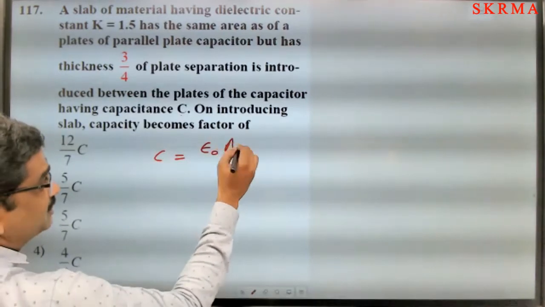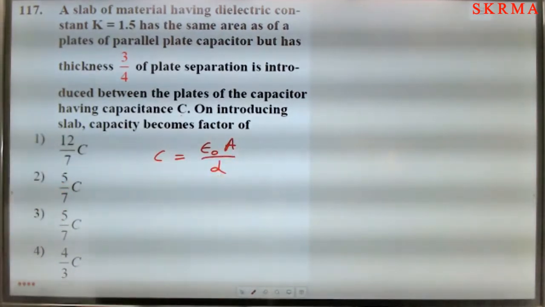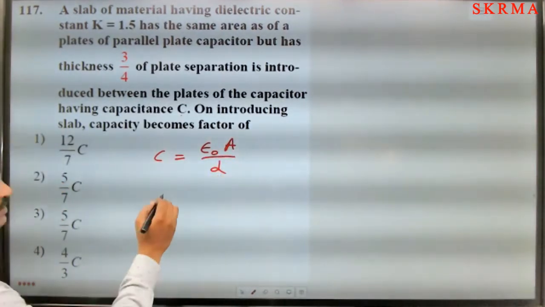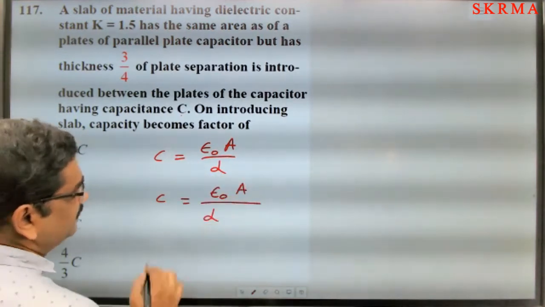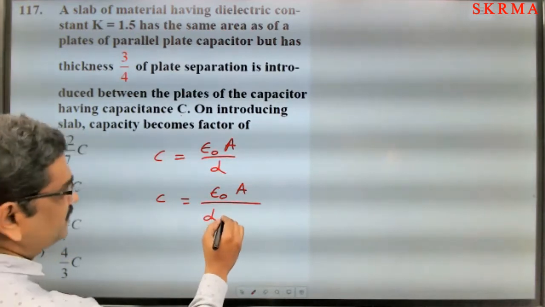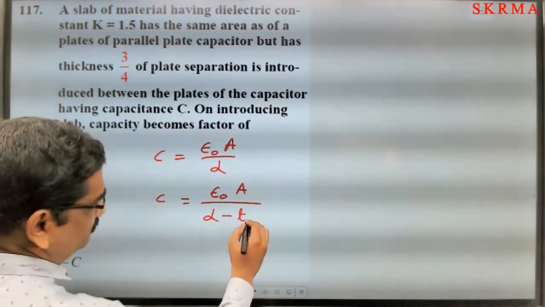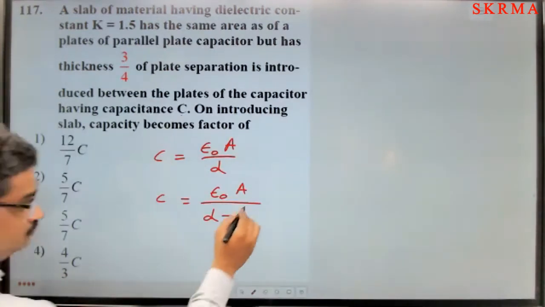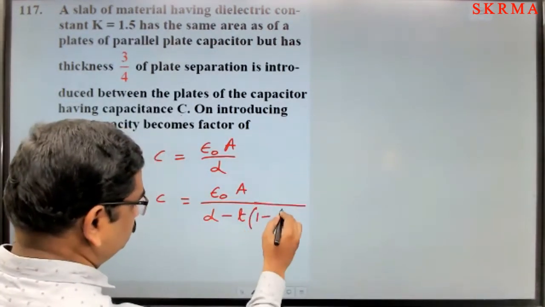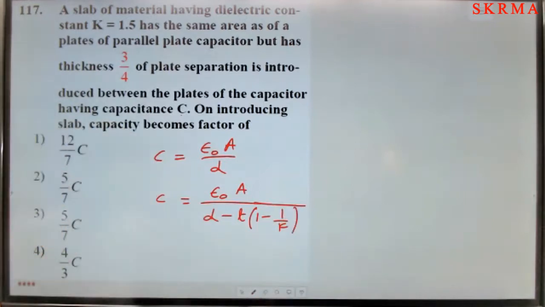Epsilon naught A by d. If it is filled with some dielectric, this can be written as epsilon naught A by d minus t into 1 minus 1 by K.